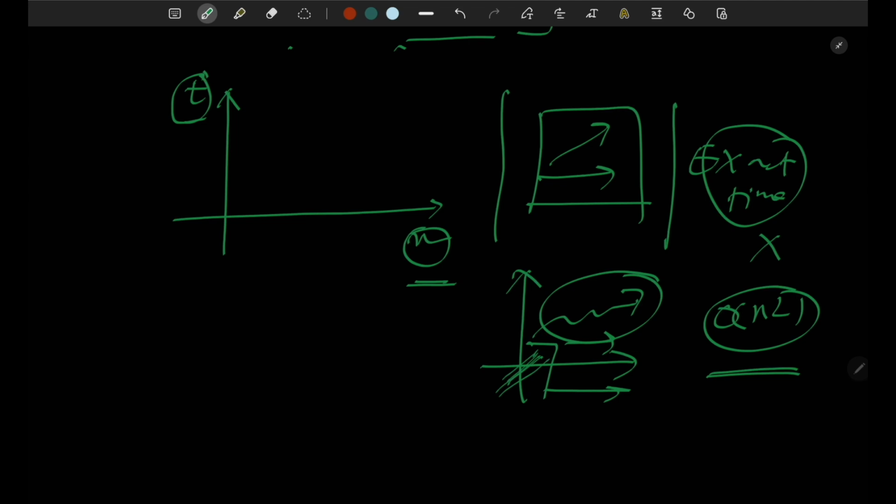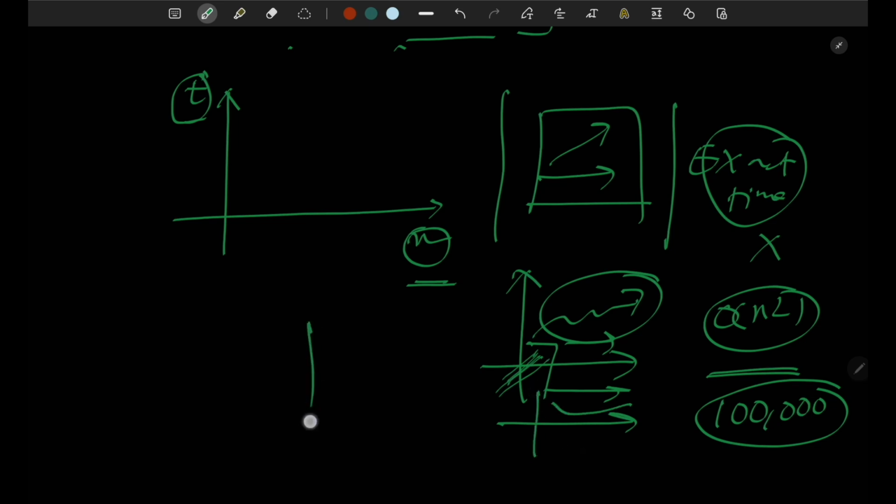However, it's going to matter if the maximum capacity of the array could be to hold, let's say, 100k elements. So I hope you get the idea. So basically, asymptotic time or space complexity is always of interest when the value of input increases to a large size. So that is where we have the concept of asymptotes in mathematics, and that is the reason we have this word asymptotic complexity.